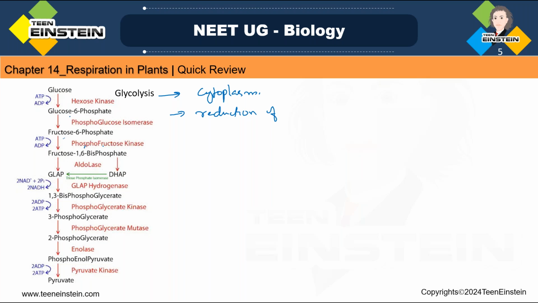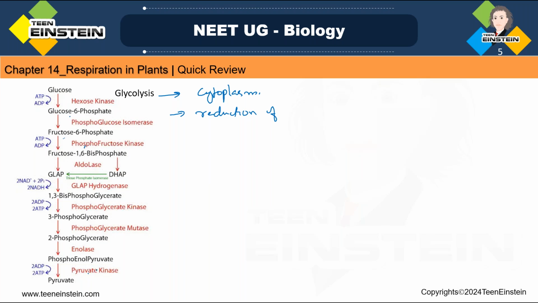Glycolysis takes place in the cytoplasm, and here there is the reduction of one glucose molecule to 2 molecules of pyruvate.